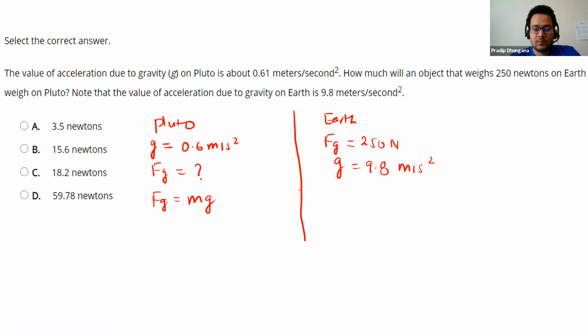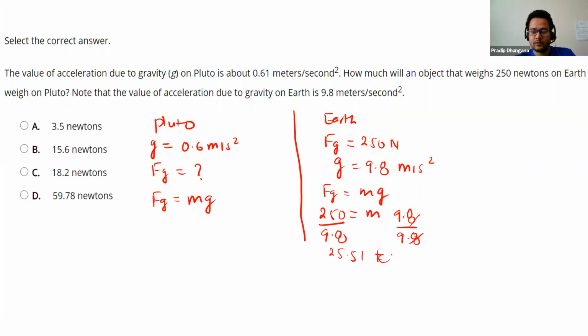The force of gravity, or weight, of that object is mass times acceleration of gravity. We have Fg, that is 250. Mass we have to calculate, g is 9.8. Divide both sides by 9.8, and 250 over 9.8 is 25.51 kg. You can use your calculator.